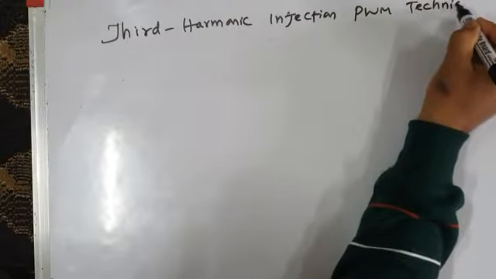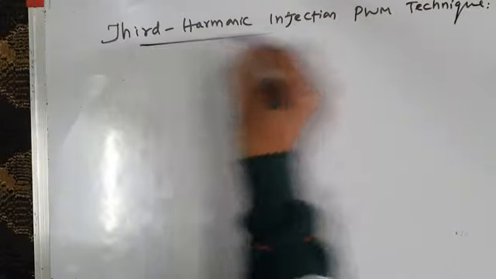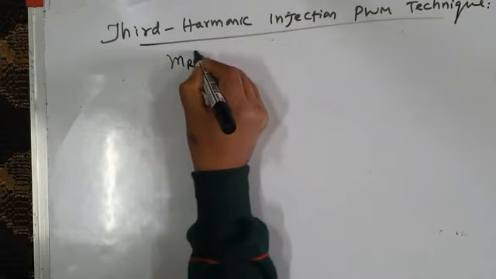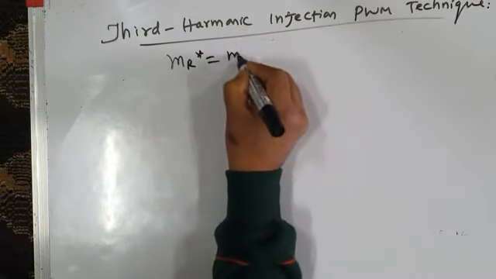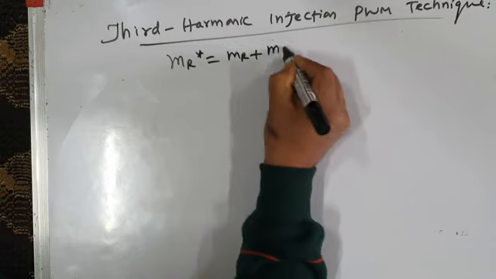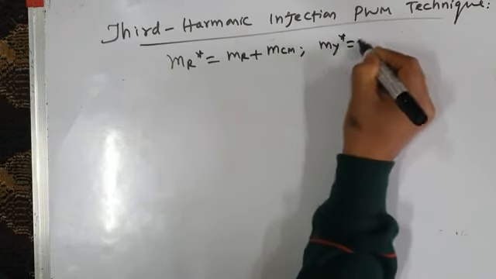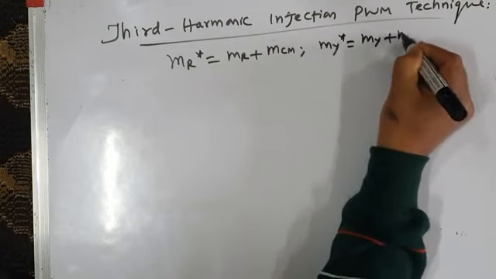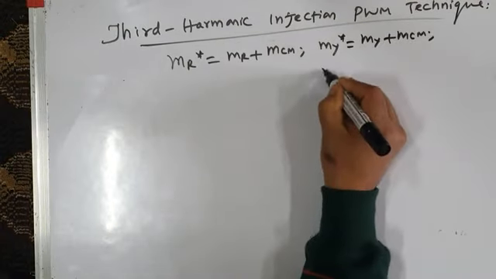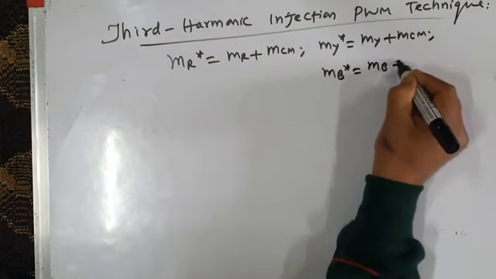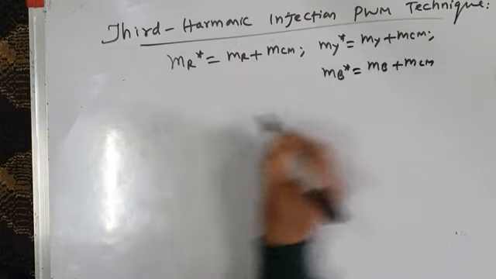This is the first type of PWM technique in which common mode injection is done. Here, with common mode injection, our MR star becomes MR plus MCM, where MCM is the common mode voltage. MY star becomes MY plus MCM, and MB star becomes MB plus MCM.